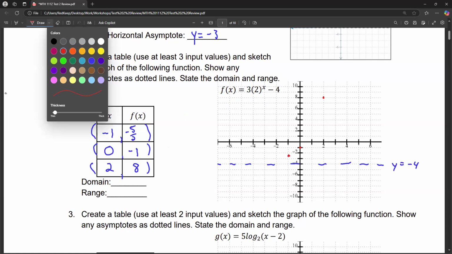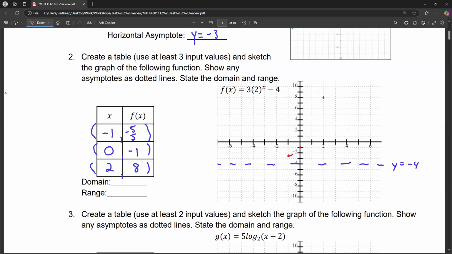All right. And so, do your best to connect these dots. Since this is an exponential function, it kind of follows this nice curve that we've seen before. And this horizontal asymptote is pretty helpful for us because we use it as a guide for what this function is gradually trying to get to, but it'll never actually get to.